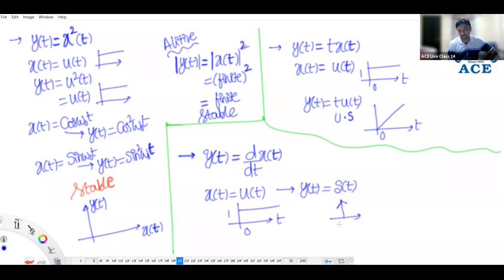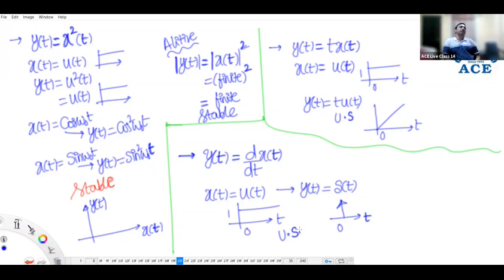So unstable. But if you apply cos or sine function in this example, do we feel it is stable or not, sir? In this particular case, if you apply cos or sine, we may see finite amplitude, but it fails for the step function.